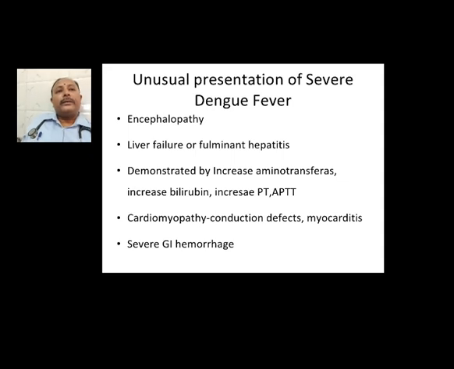Unusual presentations of severe dengue, usually not presented: encephalopathy, liver failure or fulminant hepatitis, demonstrated by increased aminotransferases, increased bilirubin, increased PT and APTT. So all the enzymes are deranged. Cardiomyopathy, conduction defects and obviously myocarditis. Severe GI bleeding may be there.